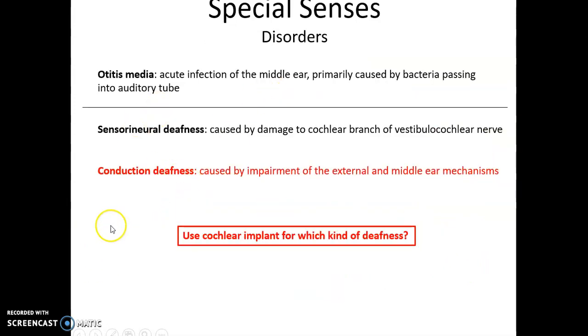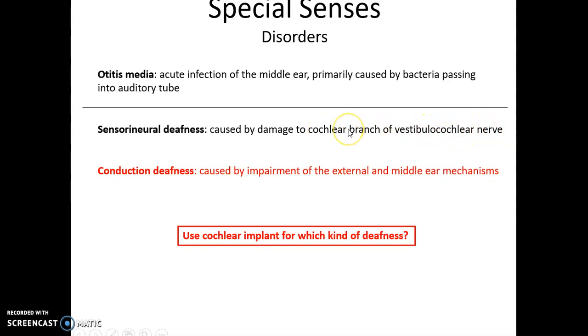All right, some disorders associated with hearing. We have otitis media. Otitis media is the acute infection of the middle ear, and happens a lot, especially in children, where bacteria are able to pass up the auditory tube and infect the middle ear. Then there's, of course, deafness. There's sensory neural deafness. Sensory neural deafness is caused by damage to the cochlear branch of the vestibulocochlear nerve.